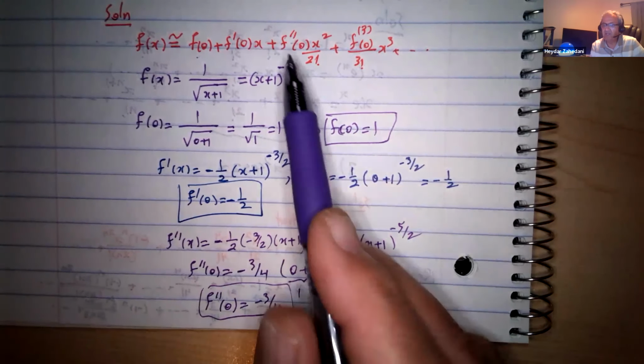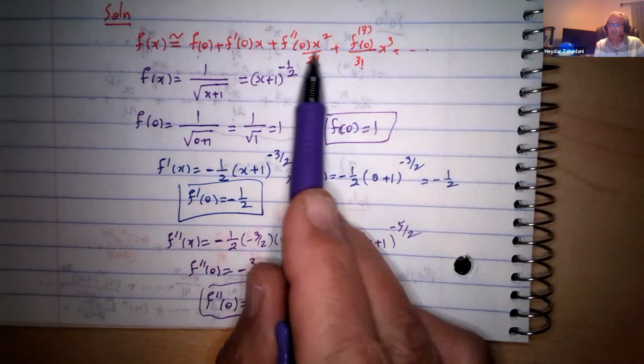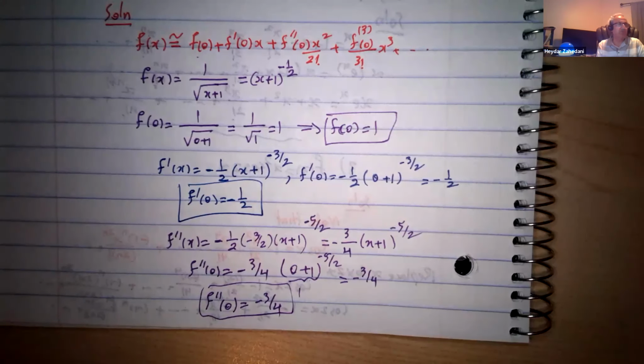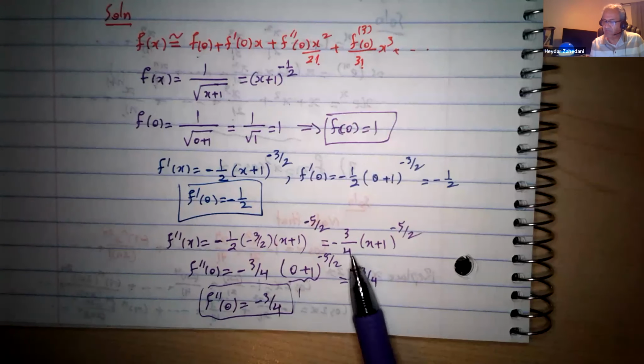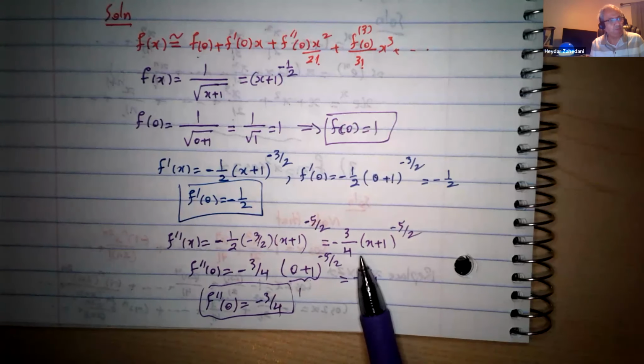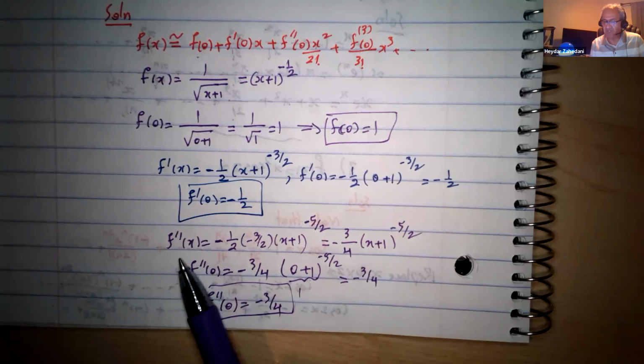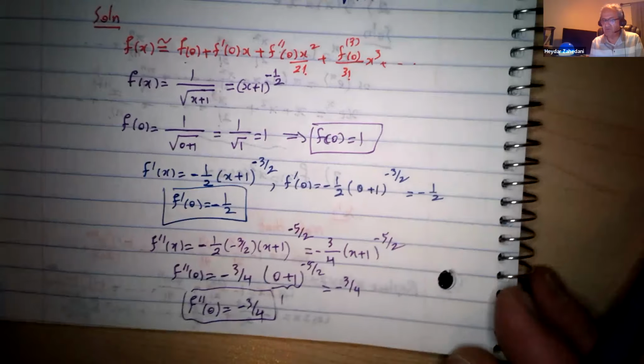Okay, where we are here. One more to go, because they asked for the first 4 terms. It's not difficult, but you've got to be patient to find it. So this is f double prime. You have to differentiate this one once more to get the third derivative. So we go to the next page and I take it from here.